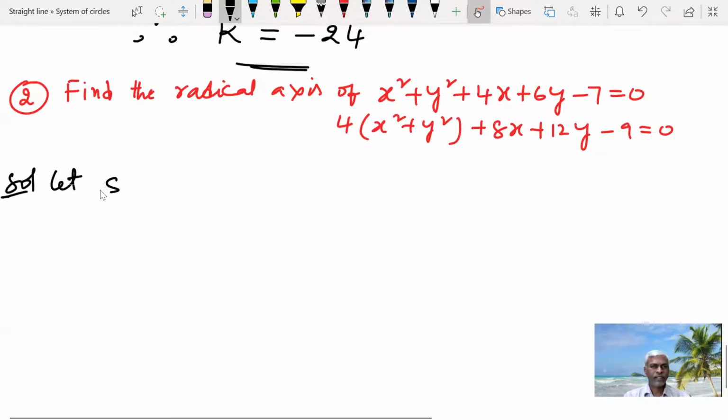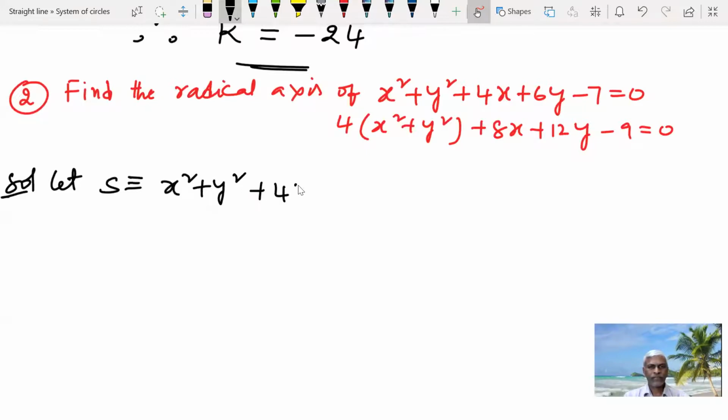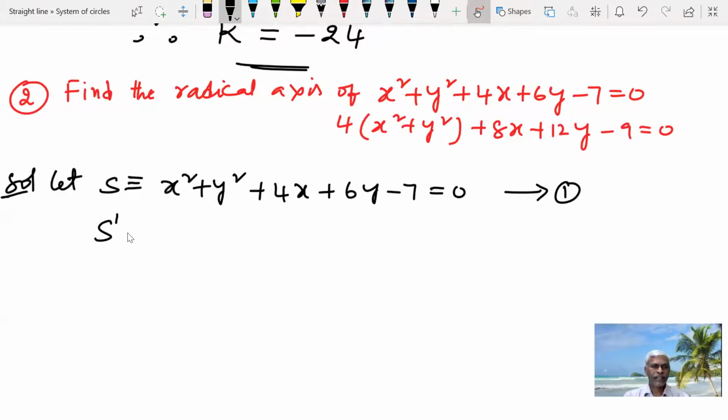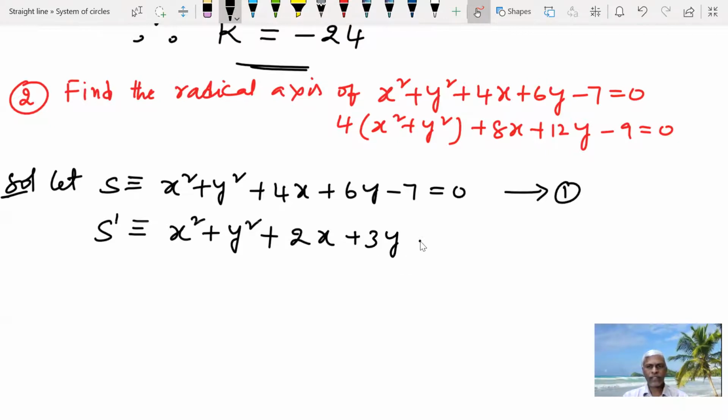So let the first circle be S: x square plus y square plus 4x plus 6y minus 7 as the first equation, and S dash, dividing with 4, you can write x square plus y square plus 8 by 4, 2x, plus 12 by 4, 3y, minus 9 by 4, the second equation.